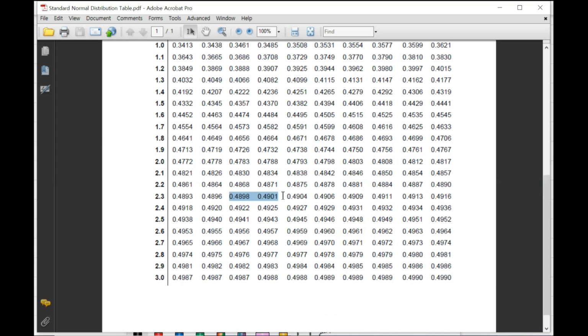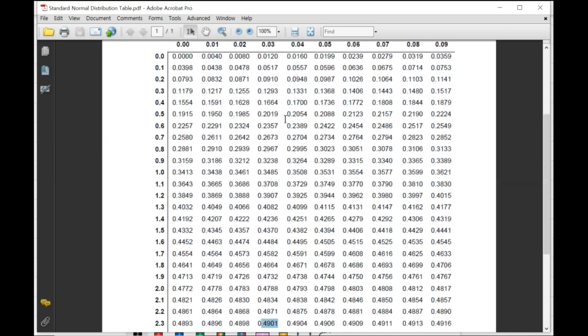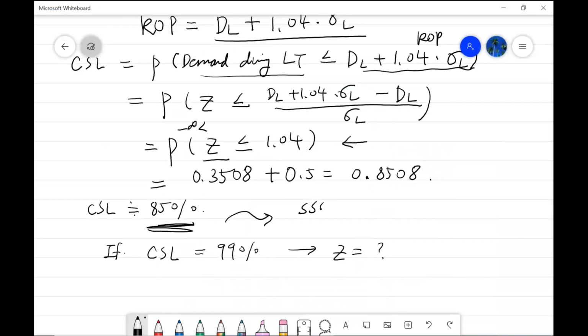I would choose 0.4901, that is closer. Then I can choose the corresponding G value, that is 2.33, okay?